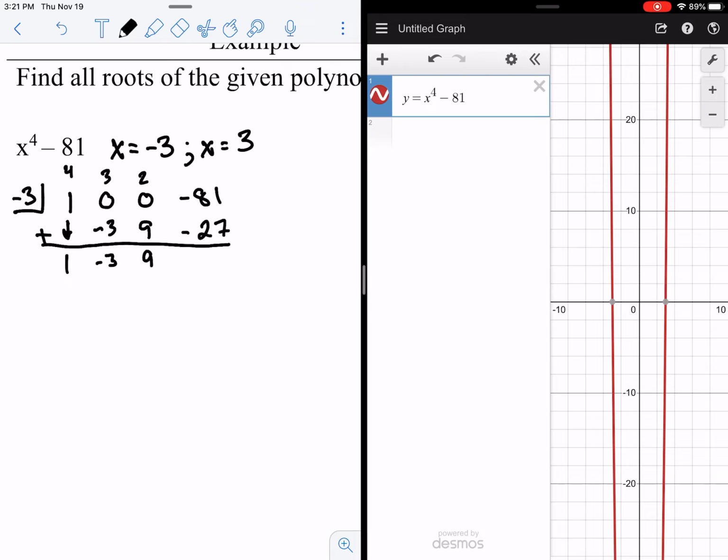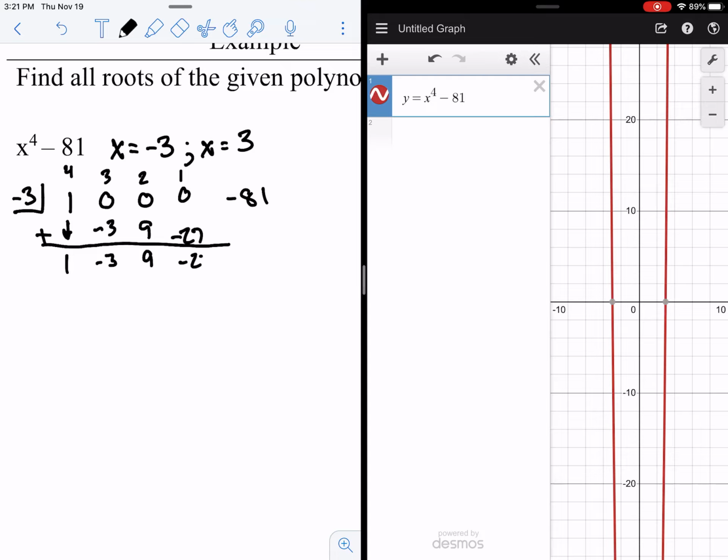I did mess up. I left off an extra 0. All right, so that was -27. That's +81. Whoops.